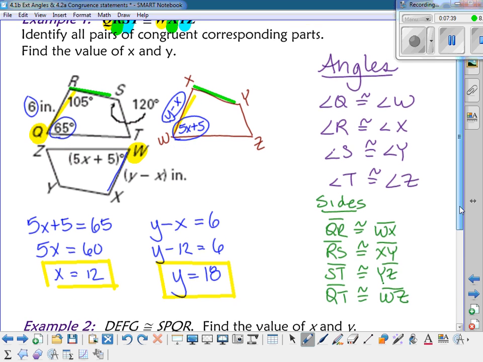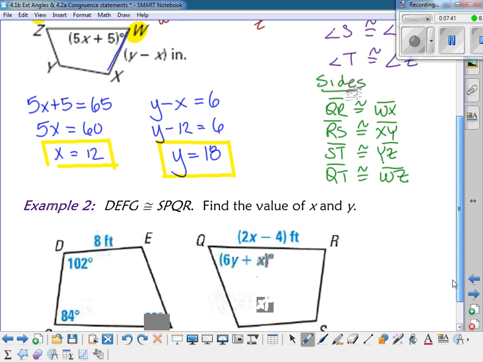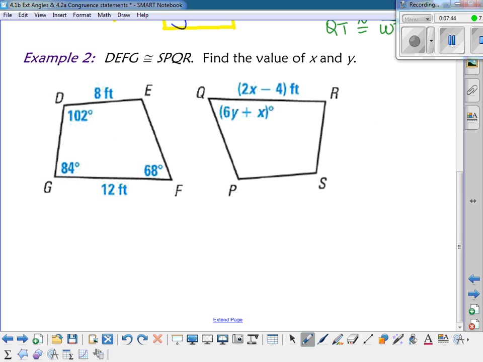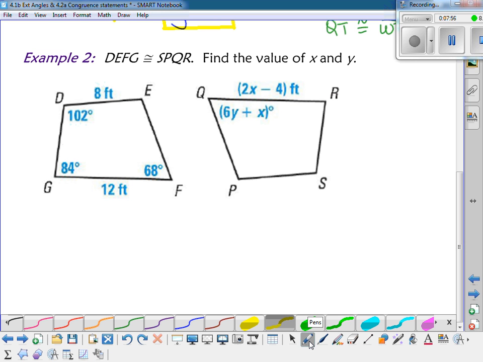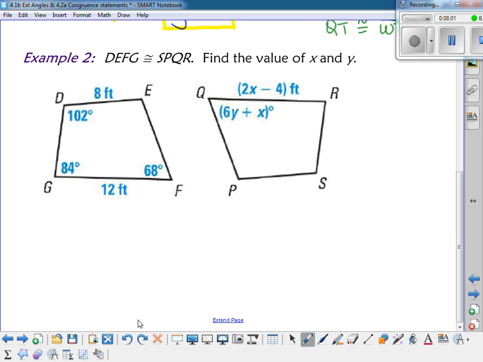Okay, so looking at another example. I know that DEFG is congruent to SPQR, and I want to find the value of x and y. So let's start with x. I have 2x minus 4 feet, and that's on QR, which is right here in my congruent statement. So QR is going to correspond to FG.